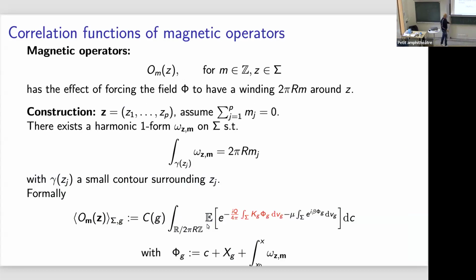But now there is a second category of operators, called magnetic. Basically, if you have a configuration of points in the plane, you have your surface. I am on the Riemann sphere. You want to force your field to have some windings around some points.